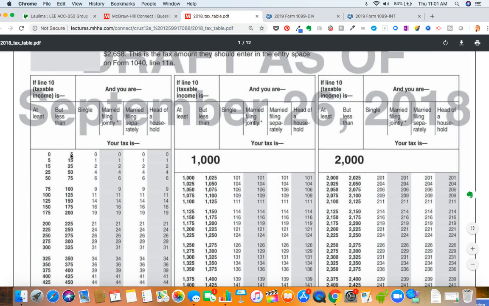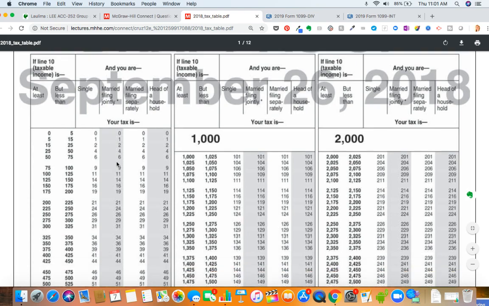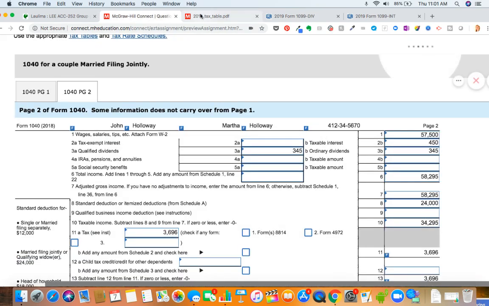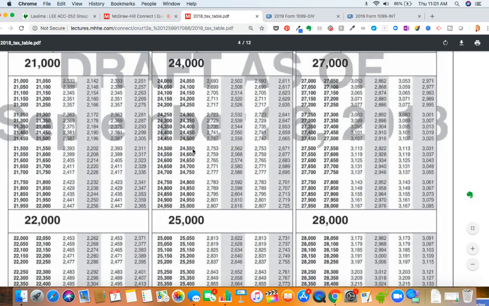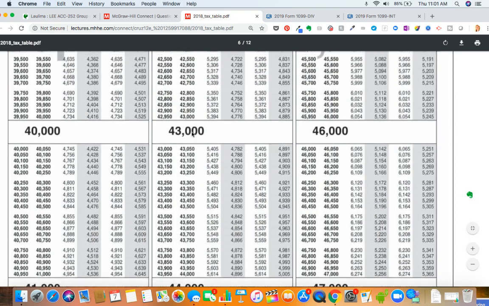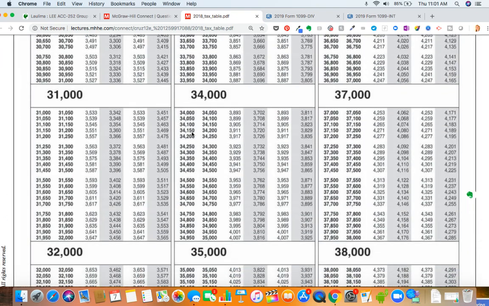So if it is this amount, you go to the next line and find the amount of tax over here. Single married filing joint is our second column. So now we want $34,295. So that falls in between 34,250 and 34,300.